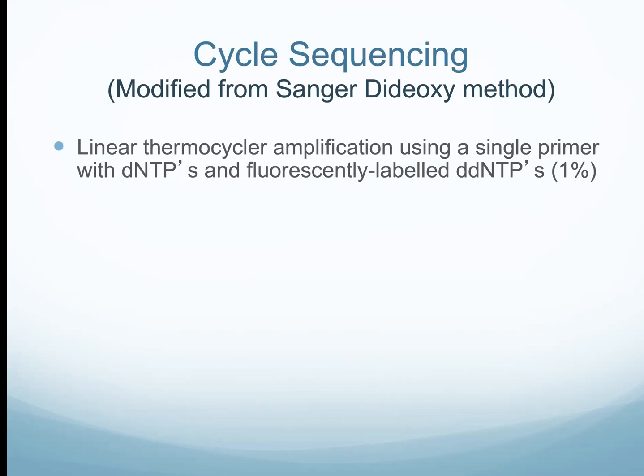What you need to do is insert fluorescently labeled nucleotides. And so when I say dNTP, that refers to deoxynucleic acids. And it's a mixture. When we see N, that's a mixture of A's, C's, G's, and T's.